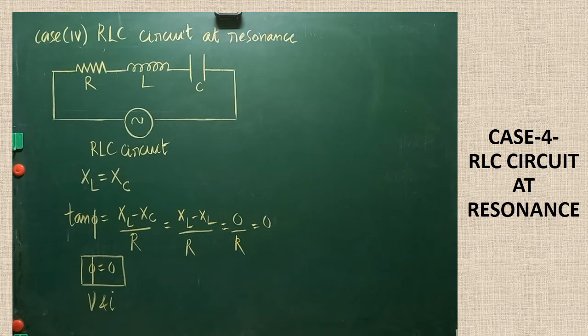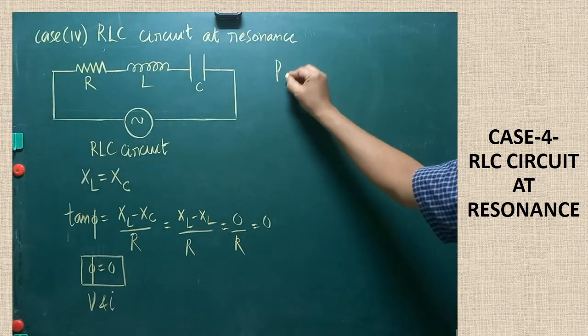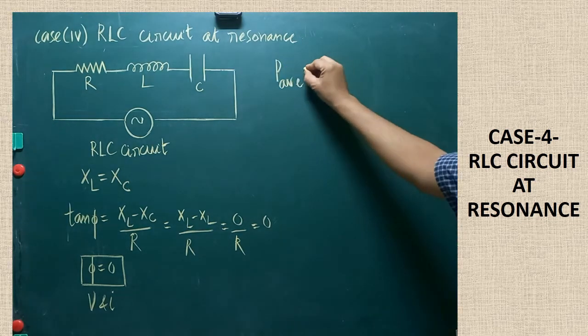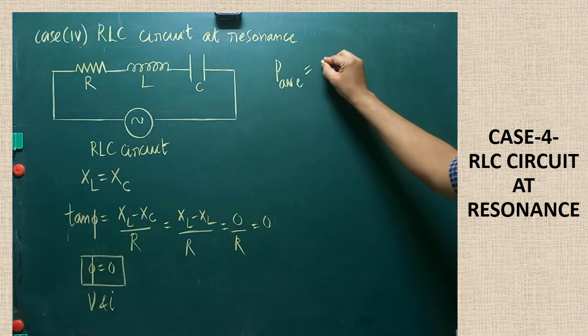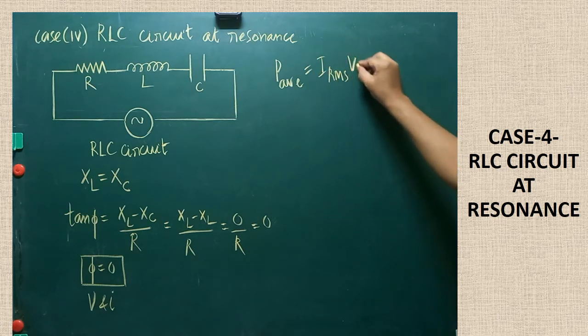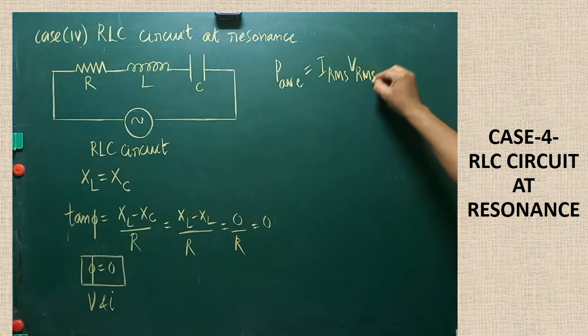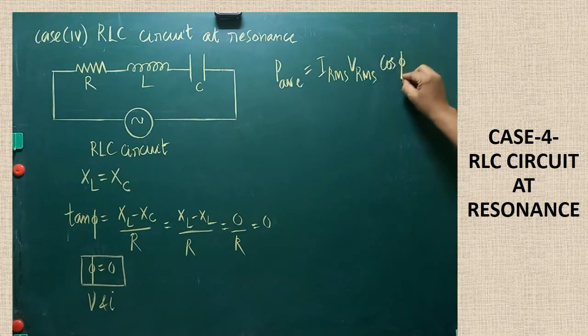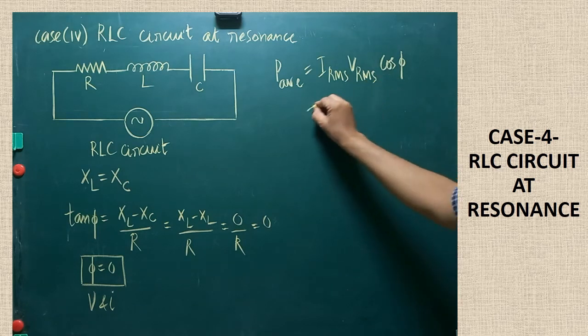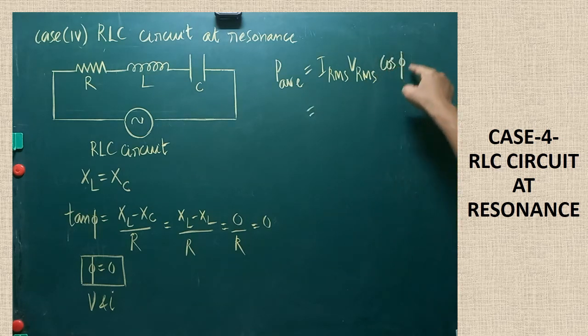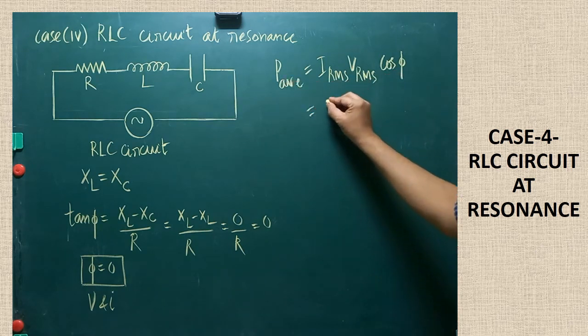How to calculate the P average? Very simple one. To calculate the P average, what is the formula? Average power in the case of RLC circuit at resonance can be written as IRMS, VRMS, cos pi. Here cos pi is called power factor. That power factor alone mainly determines the P average.